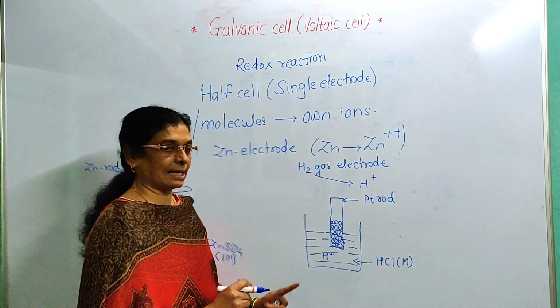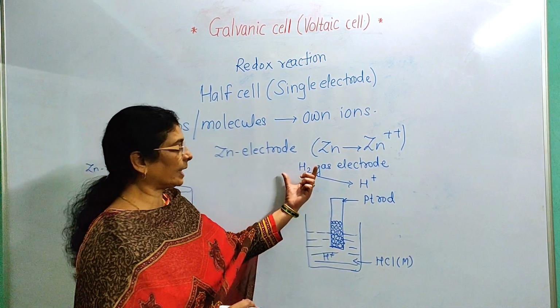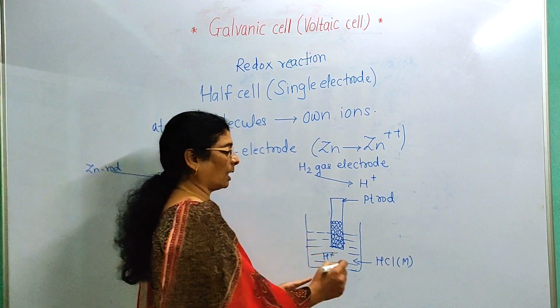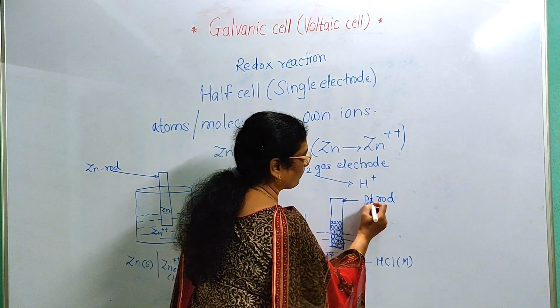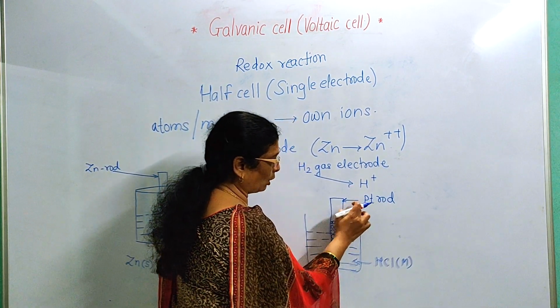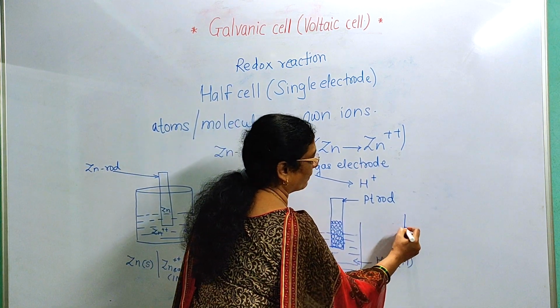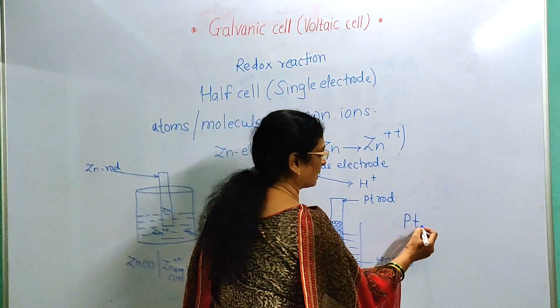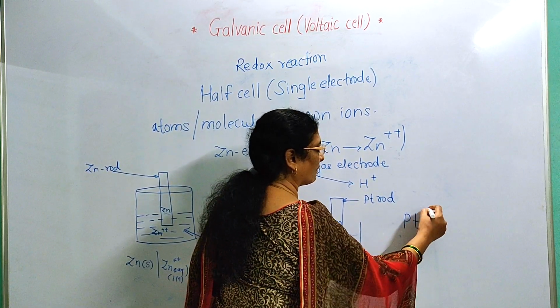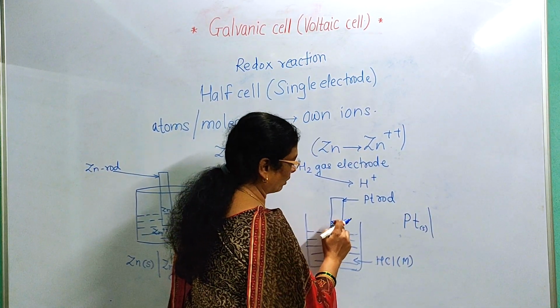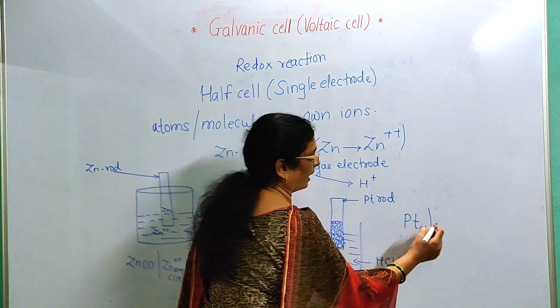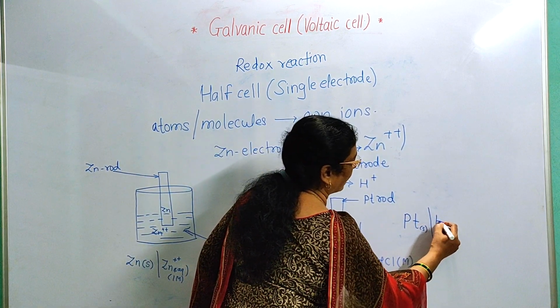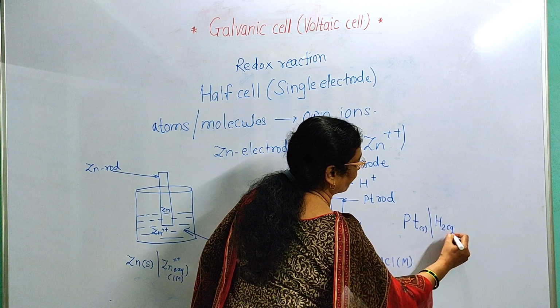ions of the gas. Now for the representation of this gas electrode, first we have to represent the metal on which the gas is adsorbed. Here we have taken platinum, so platinum metal which is in solid state, then a single vertical line because there is direct contact between platinum and hydrogen gas molecules, and hydrogen gas is here.